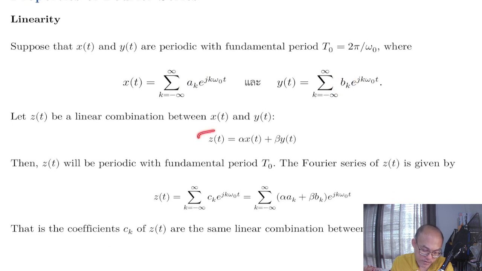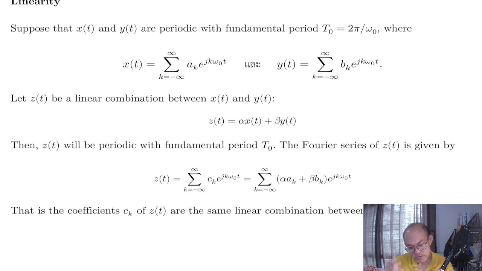And then we add them together. We do the linear combination between x and y, and we call the linear combination z. Now, it turns out the Fourier series coefficient of z, which is called ck, is just the same linear combination of ak and bk. Alpha here is the same, and beta here is the same.